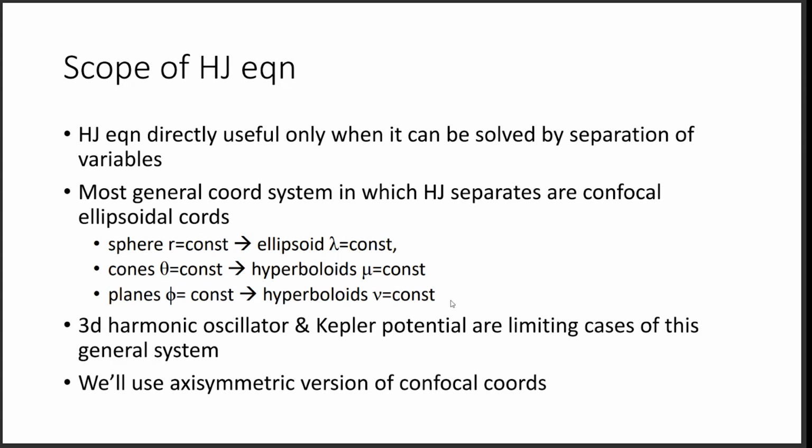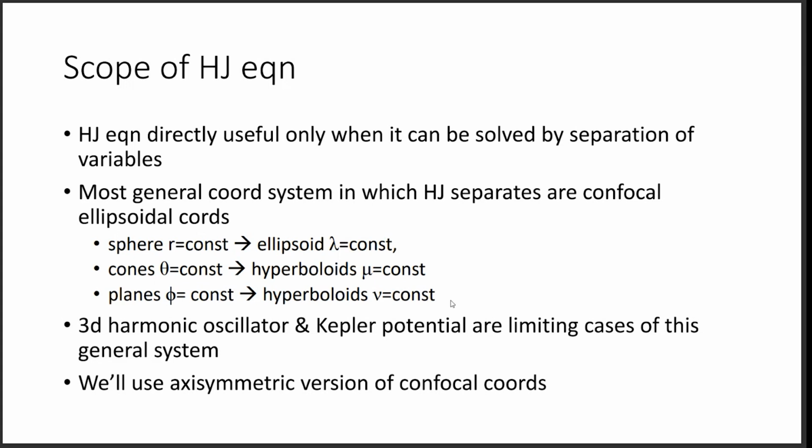And when you go to confocal ellipsoidal coordinates, you turn the spheres into ellipsoids, which are traditionally labeled with lambda. You turn these cones into hyperboloids, which you label conventionally by mu, and the planes become other hyperboloids, which are perpendicular to these, which you label with nu.